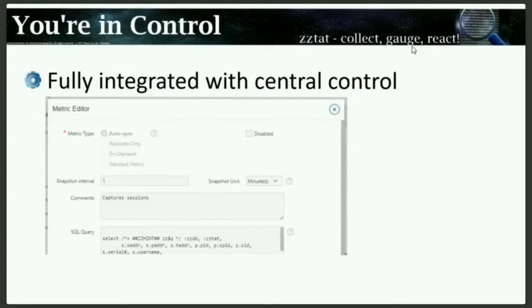So here in this example, we're looking at the session metric, and we can see that it is collected once a minute, and we also see the SQL query there. And we can change that to basically any frequency that we like, and the framework will then manage the scheduler accordingly to make sure that this is honored.